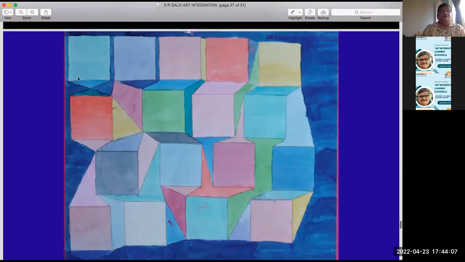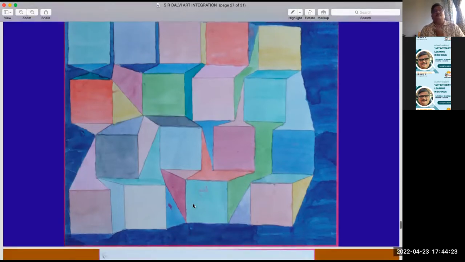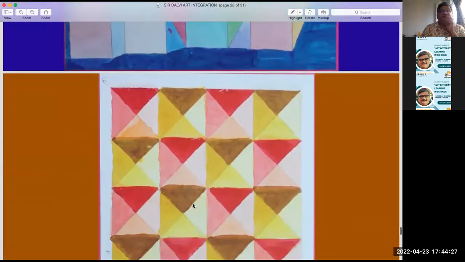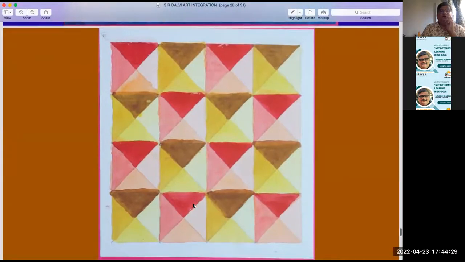The picture on the left-hand top corner starts with a 2D shape, and then slowly it starts adding the other two lines and creates three dimensions. In the same way, it is applied over here by children.